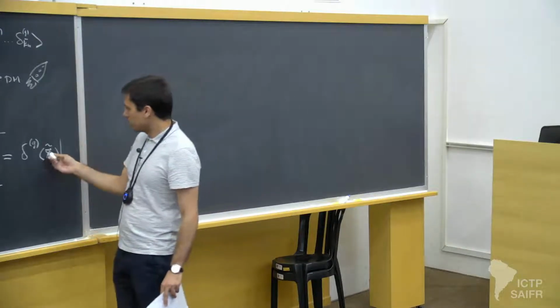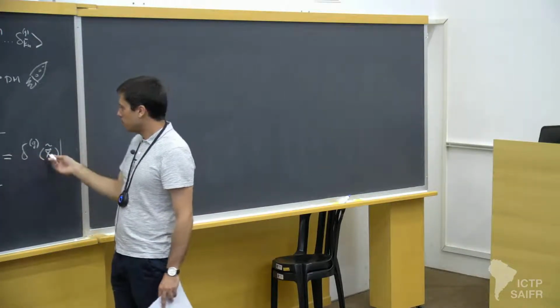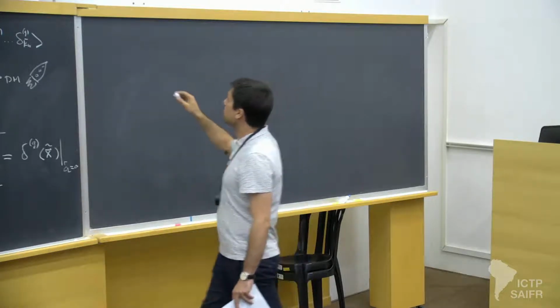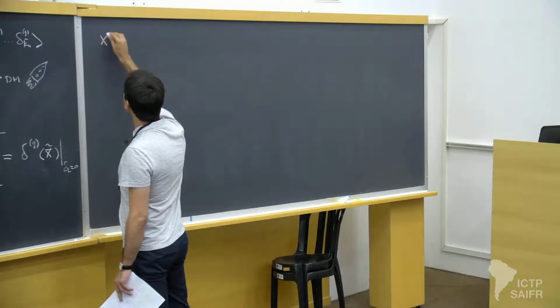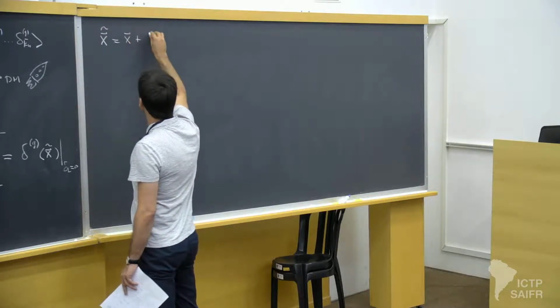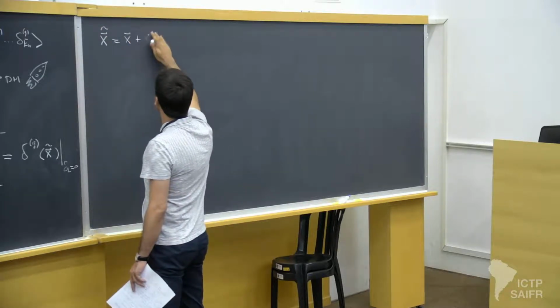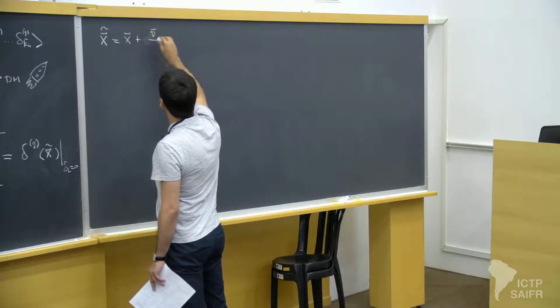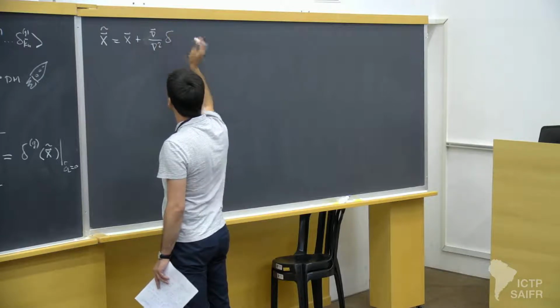And this transformation from one coordinate to another is very simple, and it is given in the following way. The new coordinates, x tilde, are the old ones plus the growth factor. Well, let me just put everything together. It will be the gradient over the Laplacian of delta.